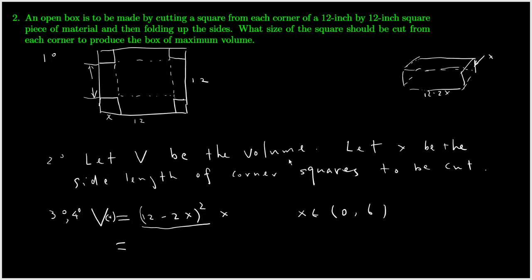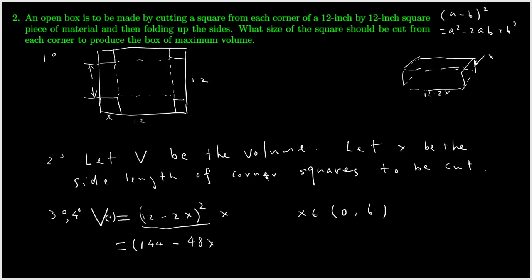You multiply out. I'm going to do that in 2 steps, so that I'm not running too fast. 12 squared, you have 144 minus, I think you have 48x. I was trying to use the formula a minus b the whole thing squared equals a squared minus 2ab plus b squared.